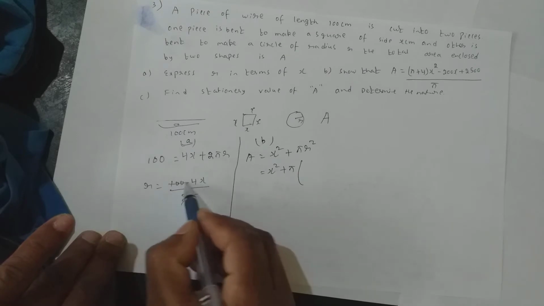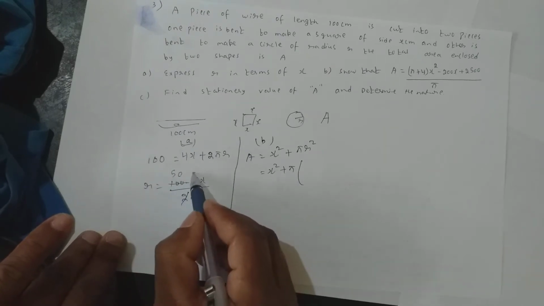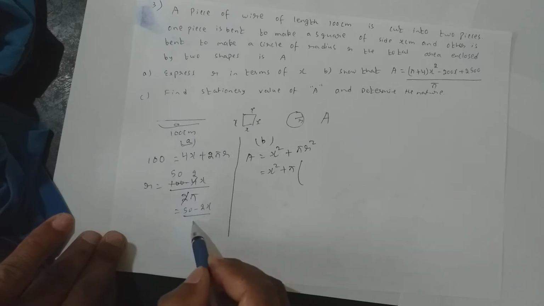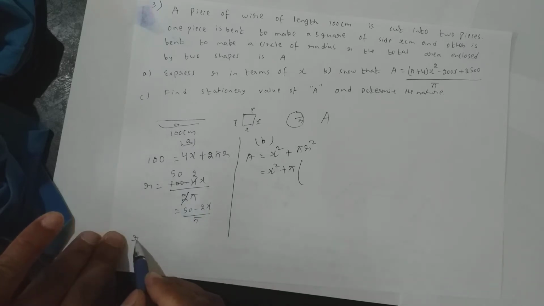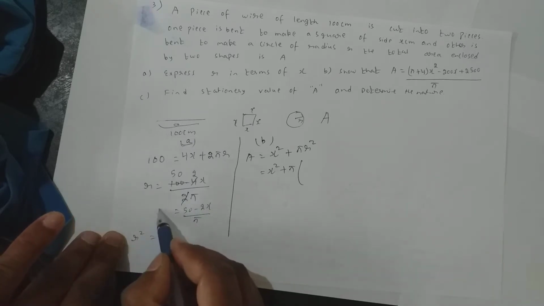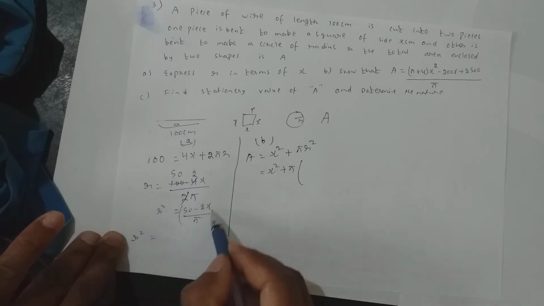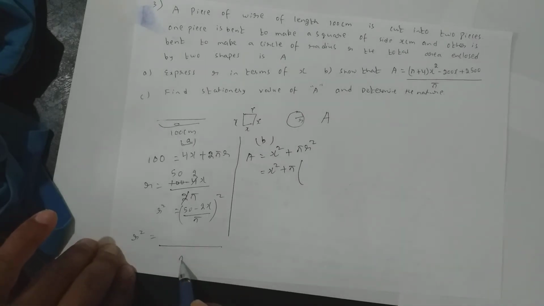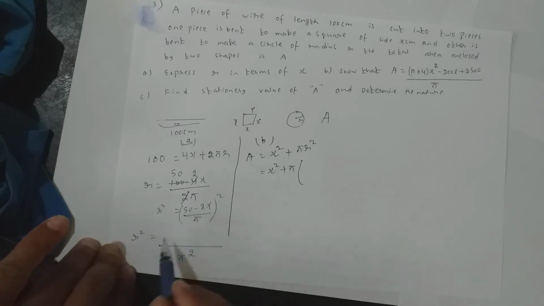Before that I can cancel 2 over here. So now it is (50 minus 2x) by pi. To get r square I need to square both sides. Now the square applies to the numerator and denominator. Denominator becomes pi square, and in the numerator it has to be (a minus b) whole square.